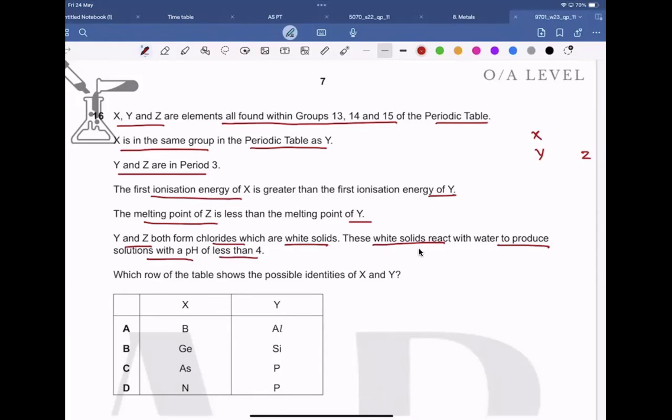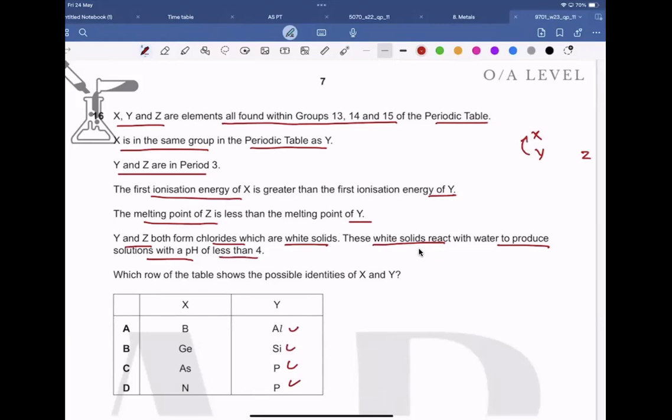So Y can be all of them. And if Y is aluminium, see, we have identified that whatever Y is, X is at the top of Y.